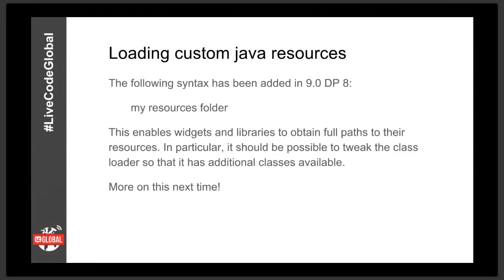But we have added some syntax in DP8, which is my resources folder. So this enables widgets and libraries to obtain paths to their resources. I think I did a bit of investigation earlier. I think there is possibly a way to tweak the class loader so that it has additional classes available. More on this next time, and possibly more on this in the intervening period if I get the time to have a look at it.